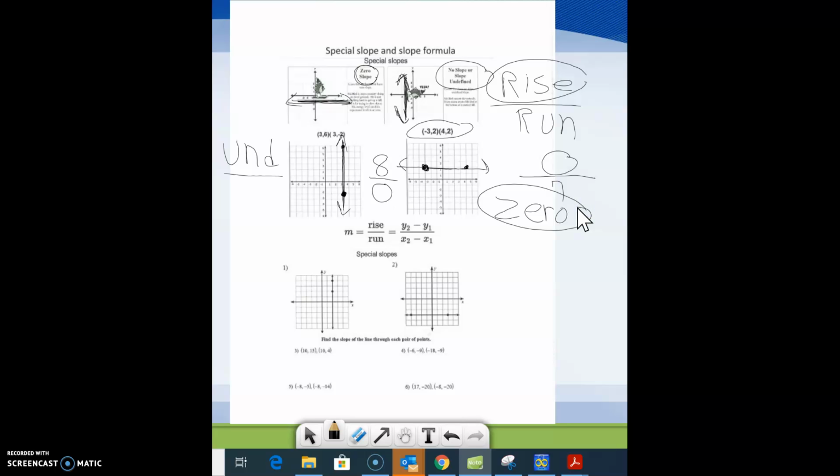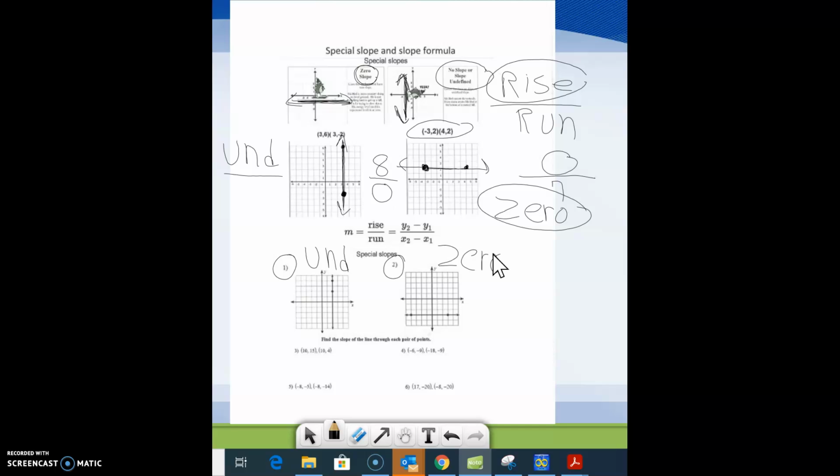So, if you look at problem 1 and 2, you could probably tell real quickly just looking at the line. You don't even have to count, right? This line's going up and down. So this line's undefined. This line's going side to side, so that is 0. All right, now you're going to notice I have a little formula up there. That is the slope formula.